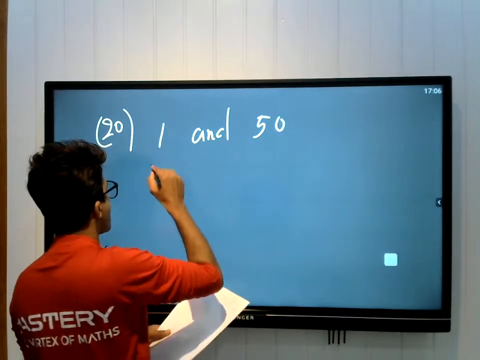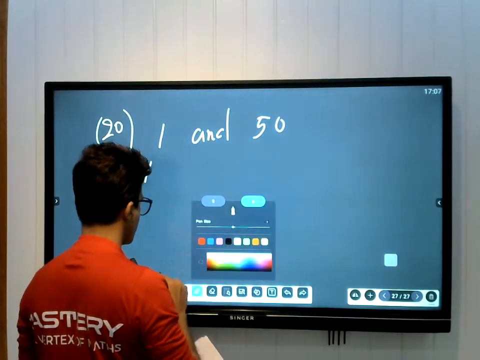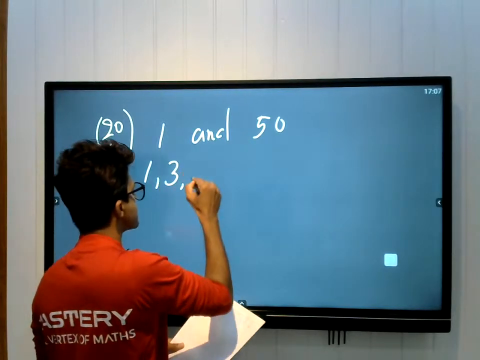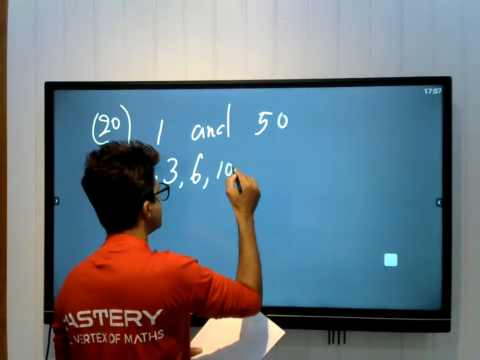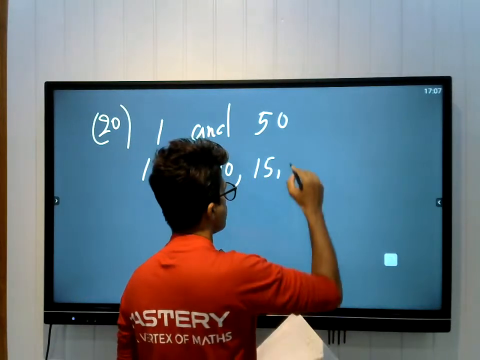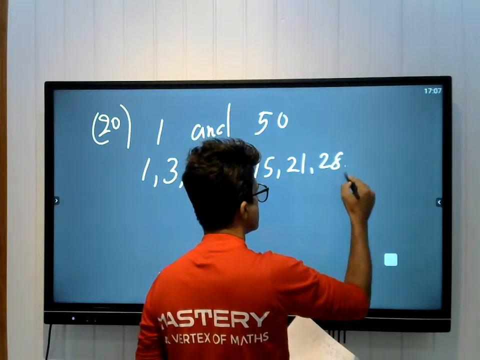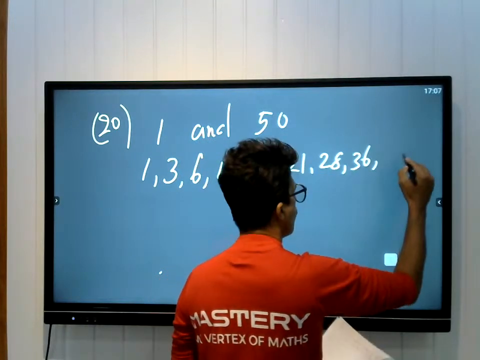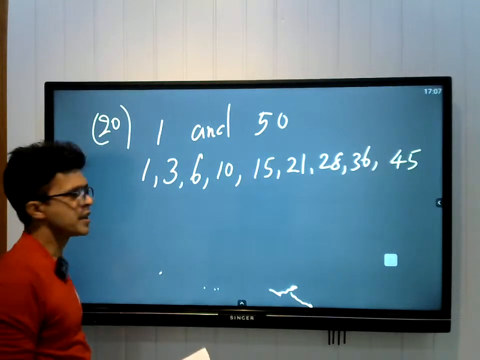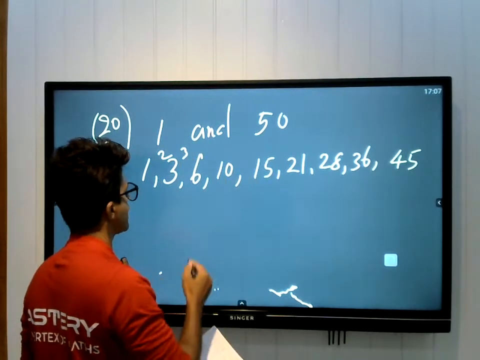Triangular numbers between 1 and 50: 1, 3, 6, 10, 15, 21, 28, 36, 45. These are triangular numbers. Remember, 1 plus 2 is 3, 3 plus 3 is 6, 6 plus 4 is 10, and so on.